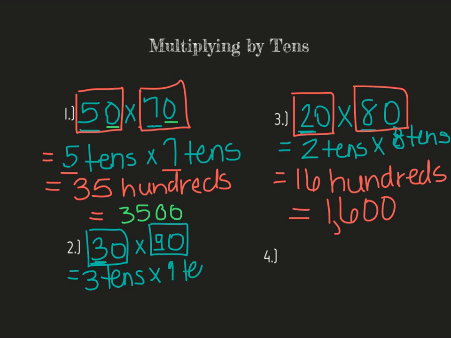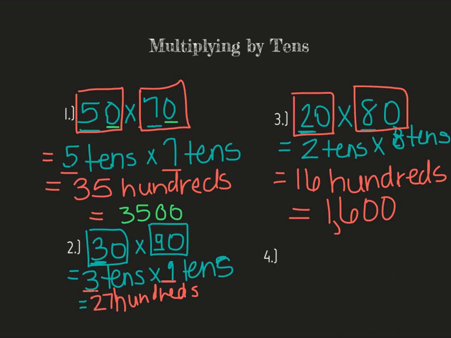Again, those are easier numbers for me to multiply, but keeping in mind that they are still tens, that's why it gives me hundreds. That's why we look at how many hundreds I have, because I'm multiplying tens. So 3 tens times 9 tens gives me 27 hundreds, right?